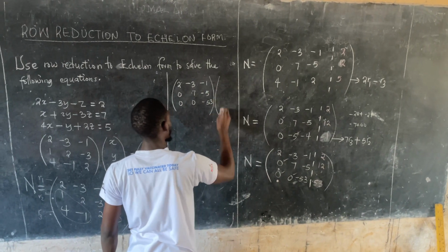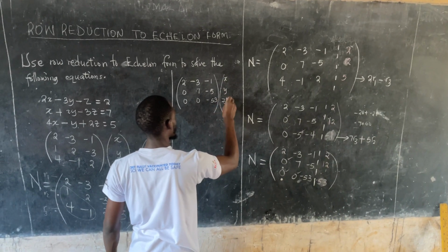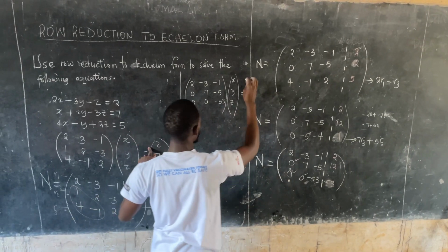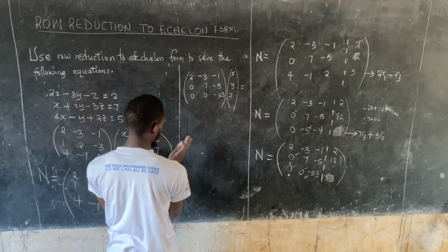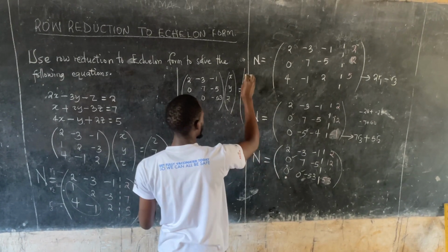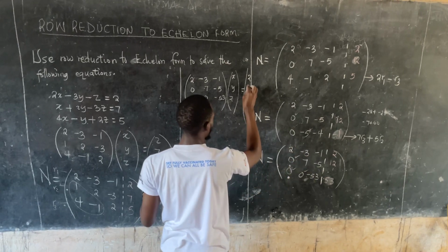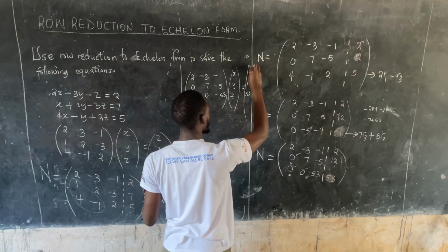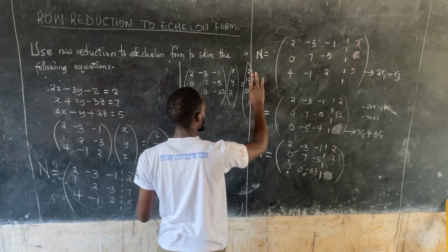You bring back the x, y, z that we took away. This one is equal to, these values have changed. They are the ones in red. And we shall have 2, we have a 2, we have a 12, and we have 53. That is what we have.